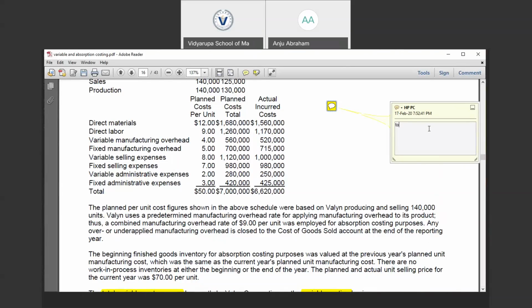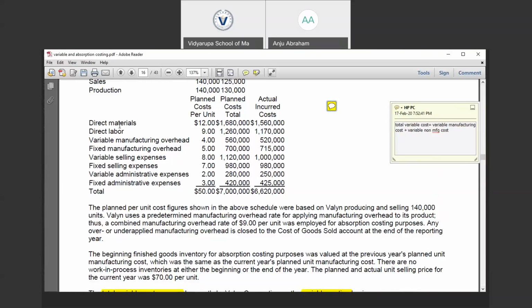So total variable cost equals variable manufacturing cost and variable non-manufacturing cost. So what is this variable manufacturing cost?